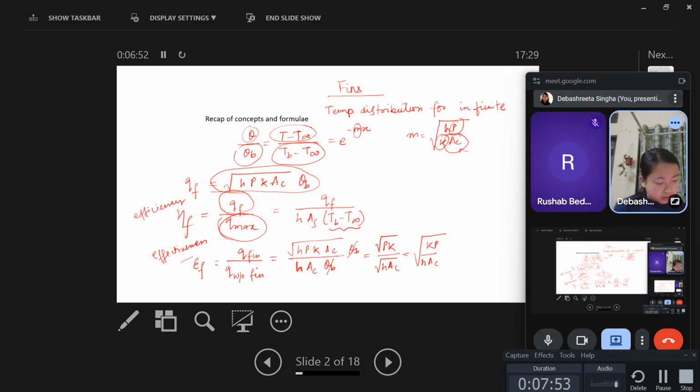And then we also have the lumped capacitance model in today's class. For that, there is a dimensionless number known as the Biot number, which is given as hL by k.